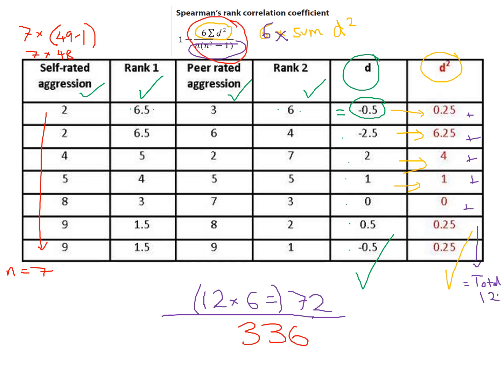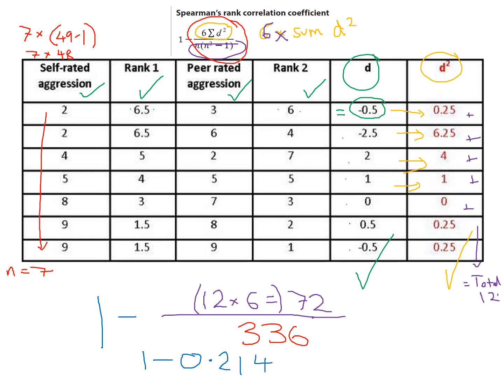Now the bit that everybody forgets on this is the starting point, which is 1 minus. So don't forget that little bit there. So we've got 1 minus, and then we need to work out 72 divided by 336, which gives you 0.214.